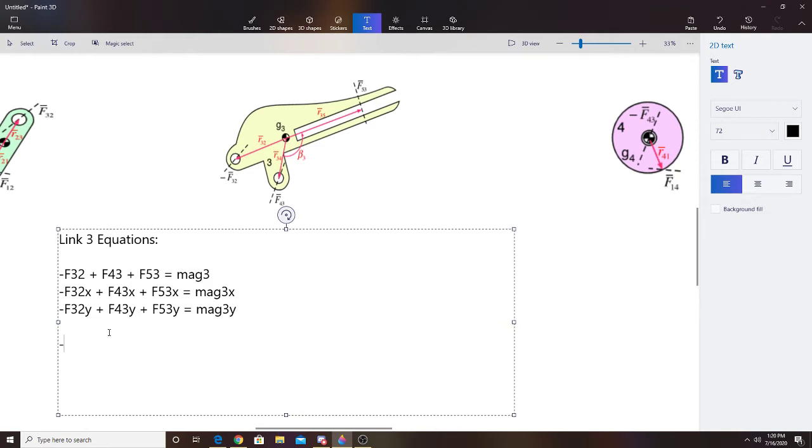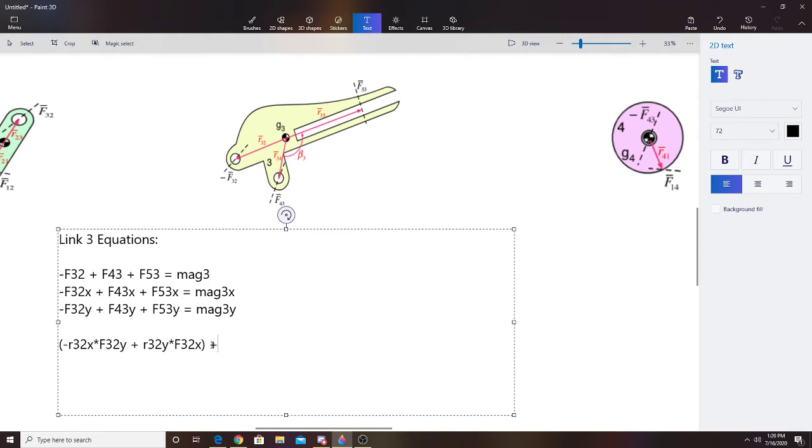The moment equation: we have minus r32x times f32y plus r32y times f32x. That makes up our first one. And we had to flip the sign, if you recall, because f32 is a negative up here. Then we move into the next one.